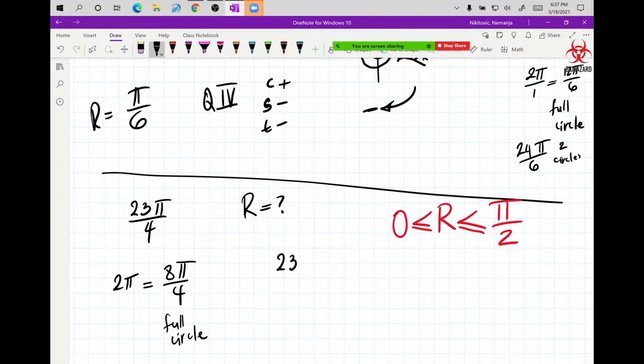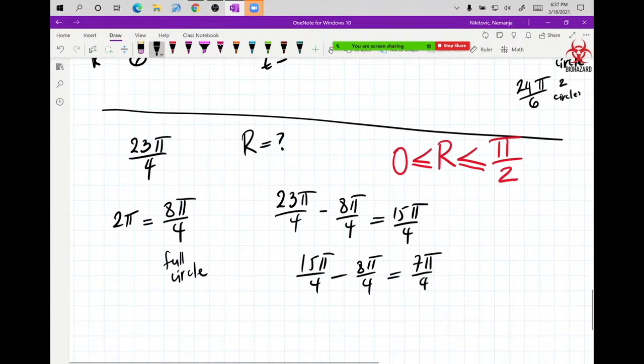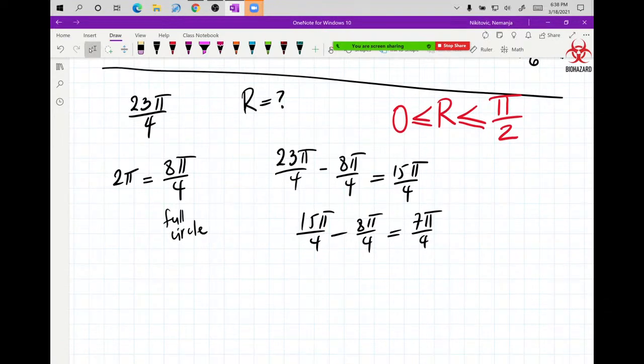So 23 pi over 4 minus 8 pi over 4 is 15 pi over 4. Then you take another 8 pi over 4 to get 7 pi over 4. And now you can't subtract anymore because you are already in the first circle, right? The principal circle. Okay, that's fine.